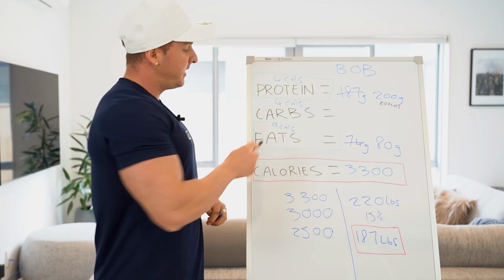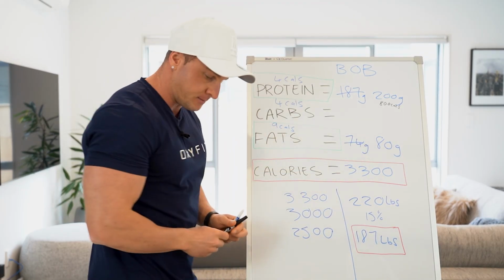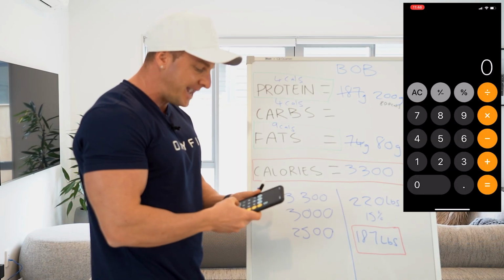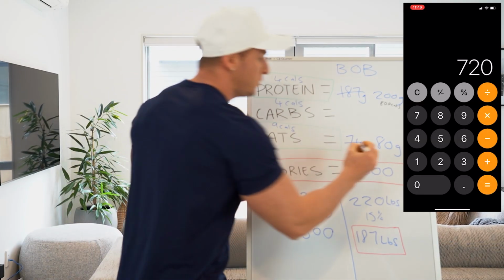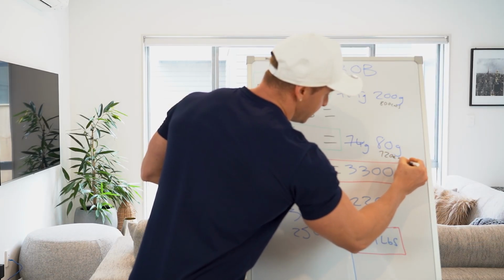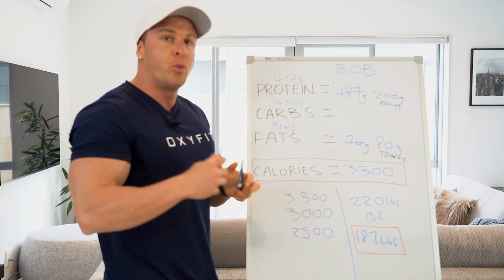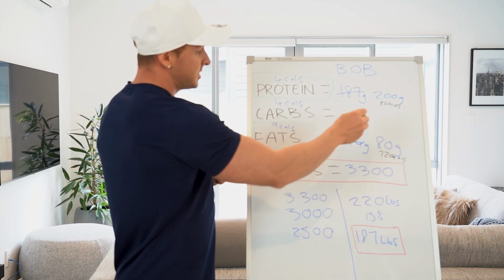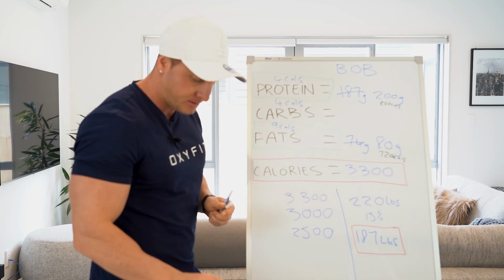Now remember, there is 9 calories per 1 gram of fat. We've got 80 grams. So 80 times 9 equals 720 calories. Now we're going to work out how many calories we have left to fill with carbohydrates on this 3,300 calorie diet.